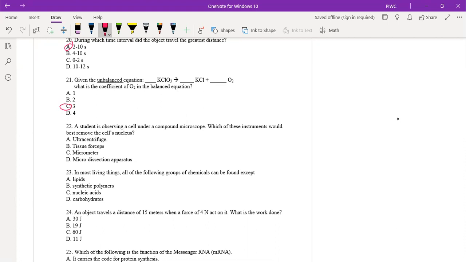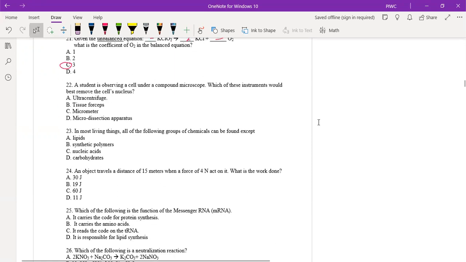So if you balance this, you have oxygen 2 here, 3 here. So we have to put 3 here. So that makes this have to be 2 here, and then this will be 2. So oxygen is 3. Okay, 22.